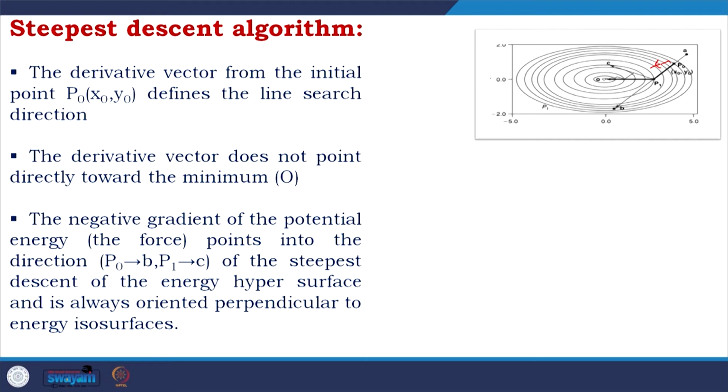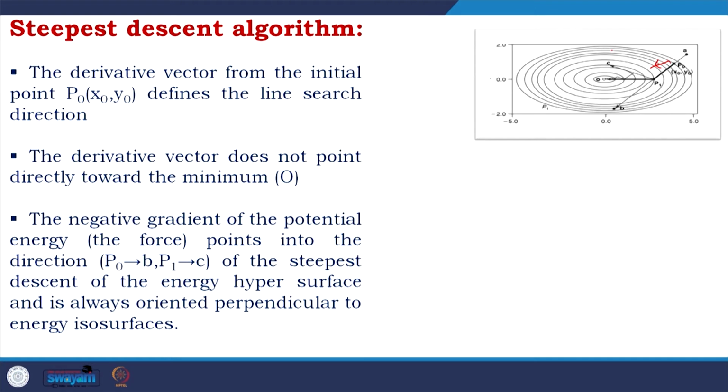The negative gradient of the potential energy, the force, points in the direction P0 to B, reaching P1, and then goes to C, which is perpendicular.